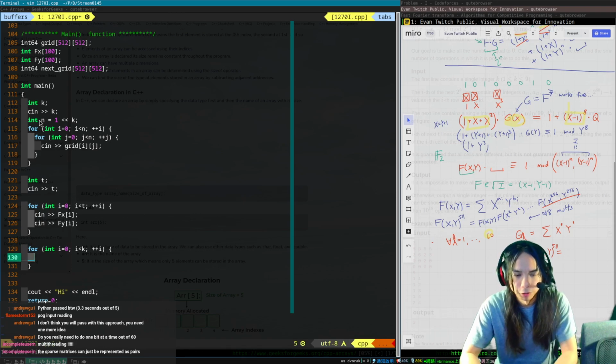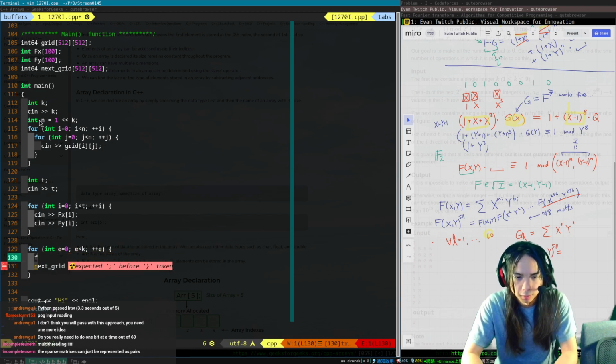Okay, so I'm going to take grid as given, and then next grid, we'll use e for exponent, and then for any y less than t plus plus i.